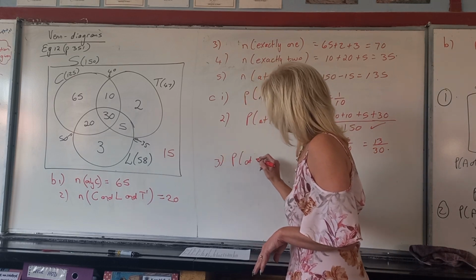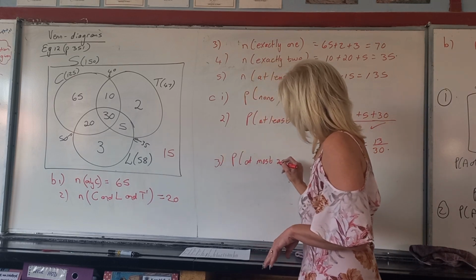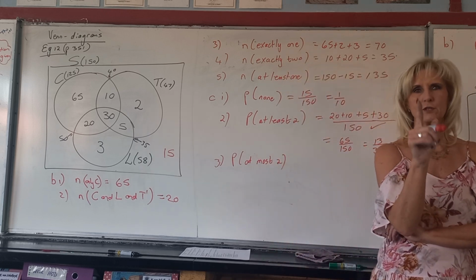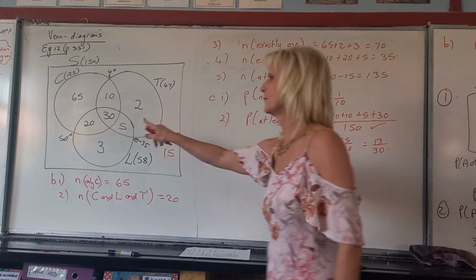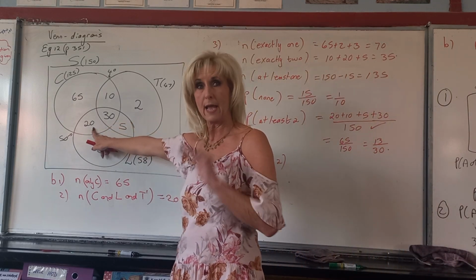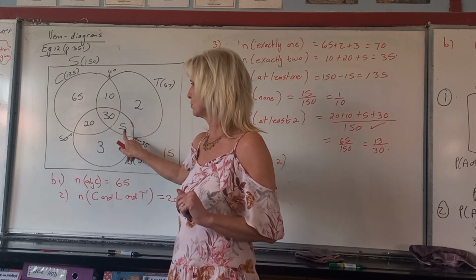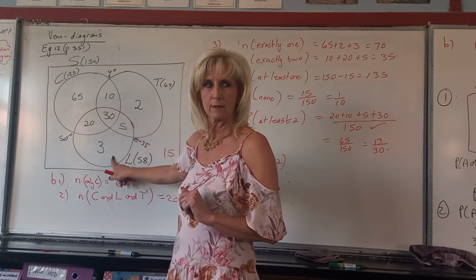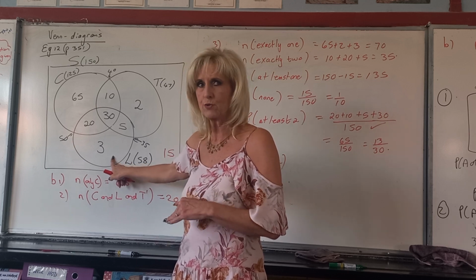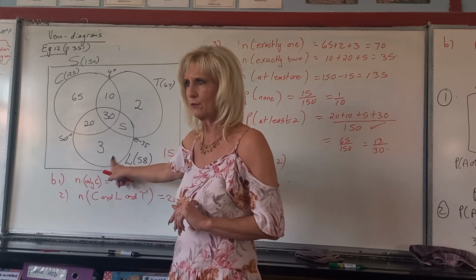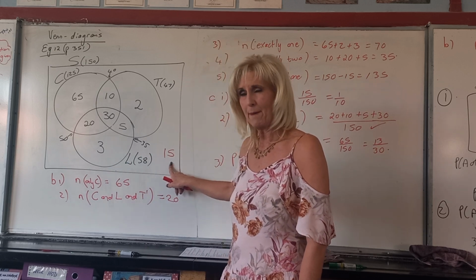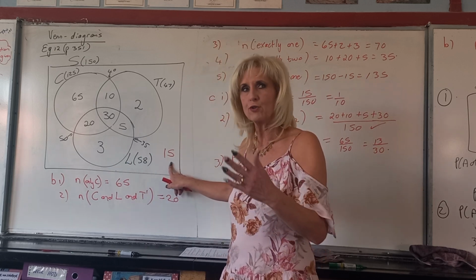At most 2 of the devices. Let's be careful here. At most 2. So it's not this guy, because he's got 3. Is it these? Yes. At most 2, at most 2, at most 2? Yep. 1 is also at most 2. What about these? Yep.